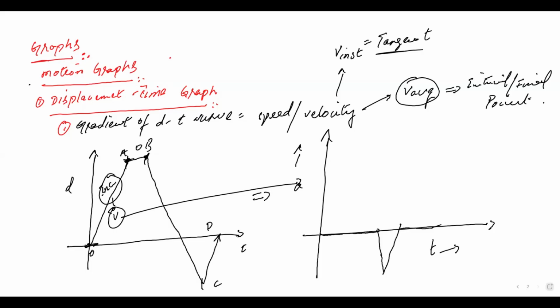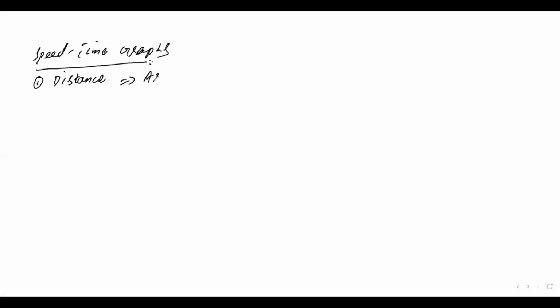So after that, we've got the speed time graphs. And there are only two things that we can calculate from the speed time graphs. The one important thing is that whenever you're talking about the distance from the speed time graph, it would always be the area under the curve.